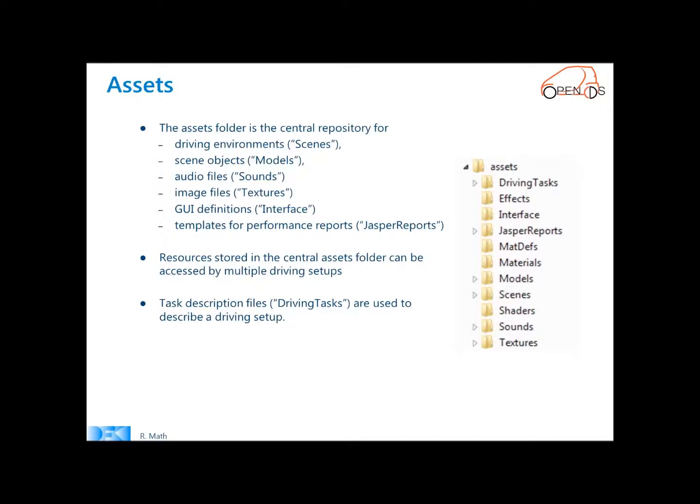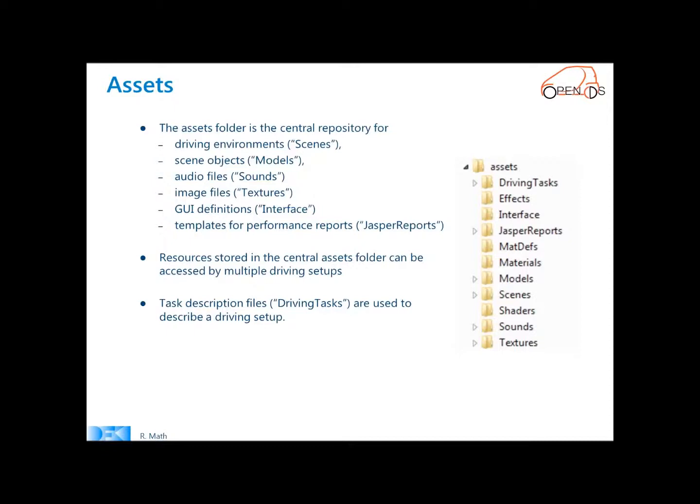A model would be a traffic sign or something that might change over time. In one scenery, you want to have a traffic light. In the other one, you might use the same global model, but you want to have a stop sign. So this is the difference. We have the scenes for the global models and all the objects we want to place there. I would recommend to store them in the models folder.